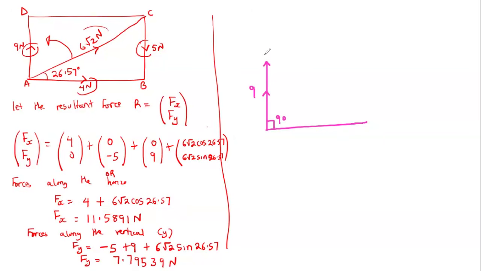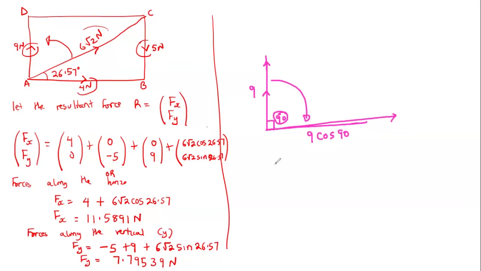Now, if a force is already along the vertical, there is no need for you to resolve it, as long as it's along the vertical and the horizontal. The angle in between is already 90 degrees. Unless you wanted to take it along the horizontal. If you wanted to take it along the horizontal, it becomes 9 cos of 90.